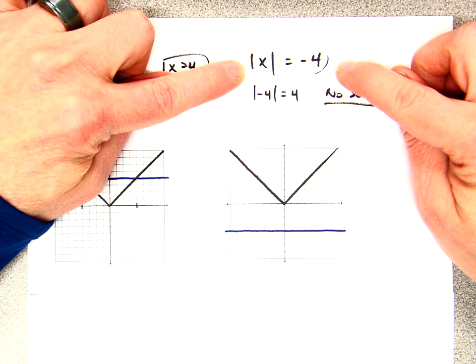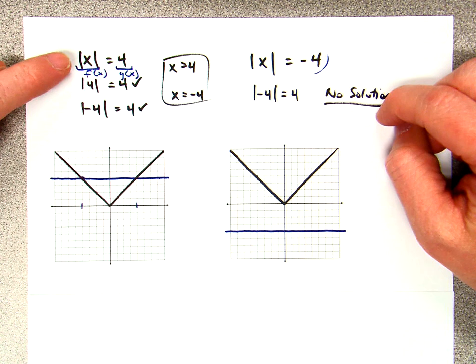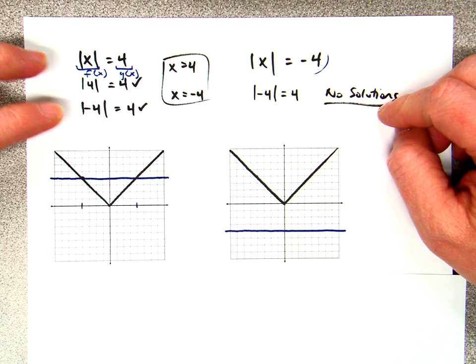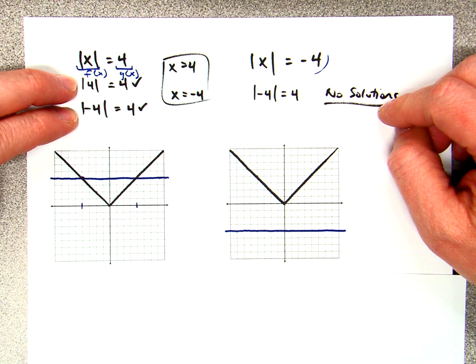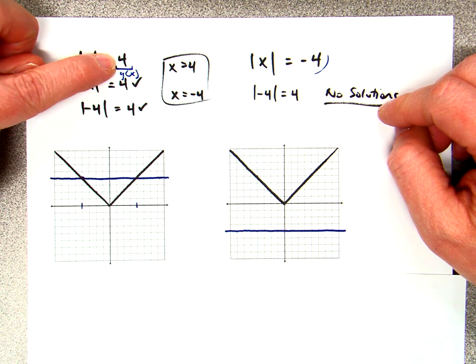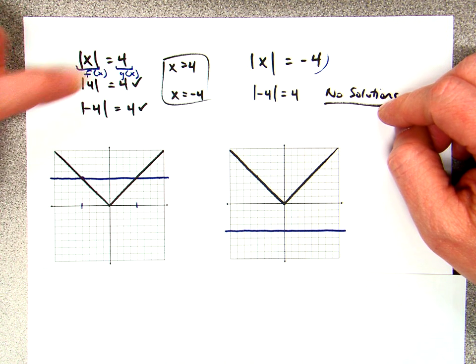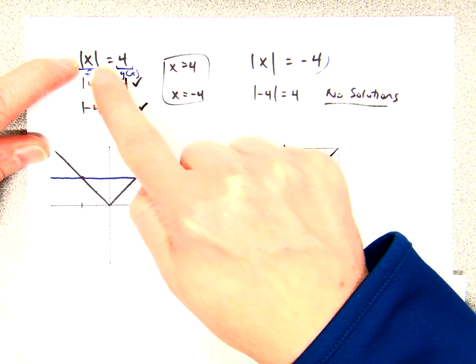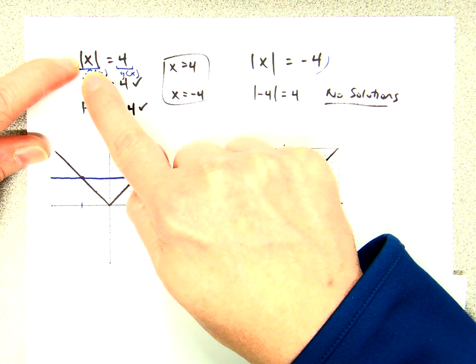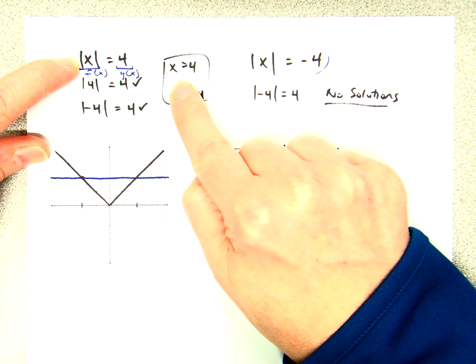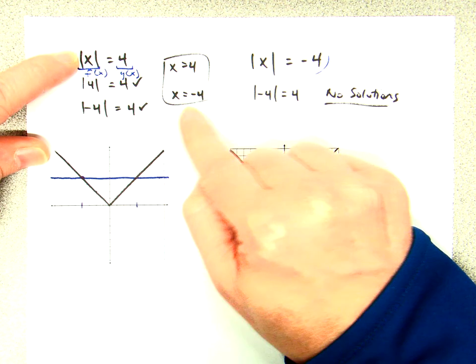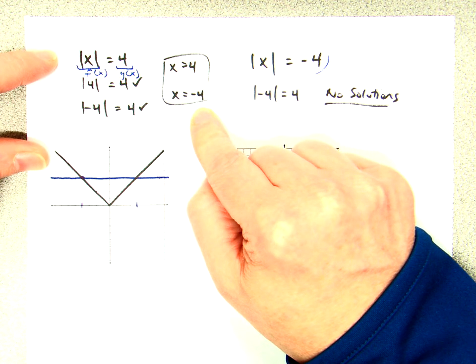Because we know that whatever's inside the absolute value can either be the positive version or the negative version of what we want it to be. This is how we're going to approach this. If we want an output of 4, then x can either be the positive version of our output, 4, or the negative version of our output, negative 4.